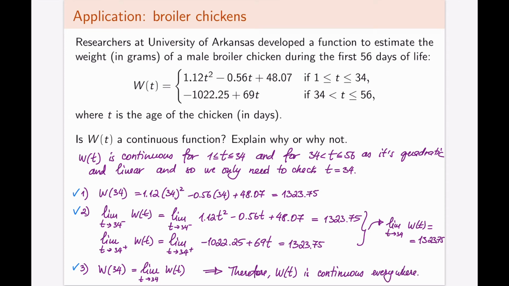Okay, so let's go through the steps again. There's a couple of very specific points. First of all, you have to justify why the point you're checking is the only point you are checking. So this is a key step. You are saying here that the pieces by themselves are perfectly continuous, so the only concern is the point of connection.